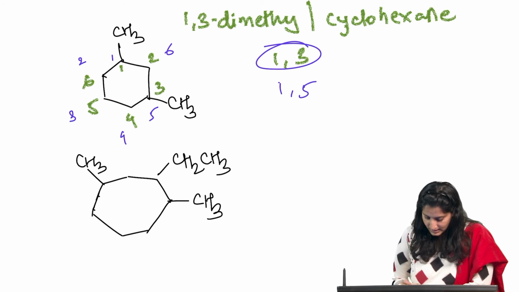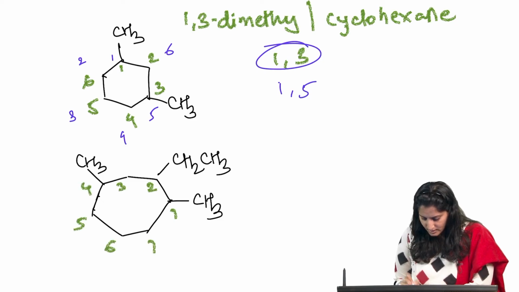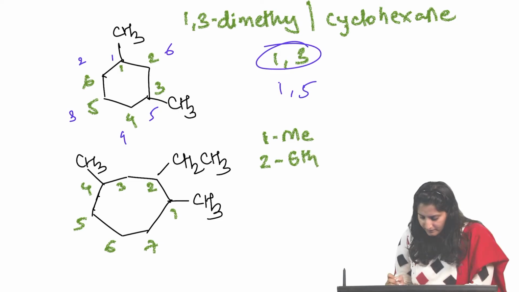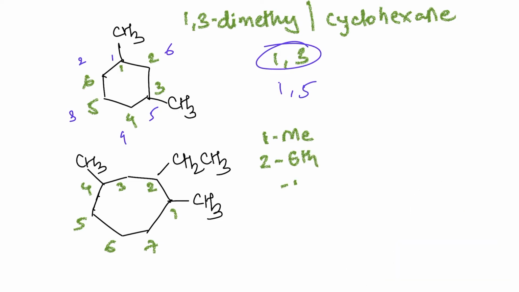In this case again I can start labeling it such that I go 1, 2, 3, 4, 5, 6, 7, okay. That gives me 1 methyl, okay, I am not writing the complete name, 1 methyl, 2 ethyl and 4 methyl. Okay. Let us try to look at another possible numbering. I can start from here and I can go 1, 2, 3, 4.